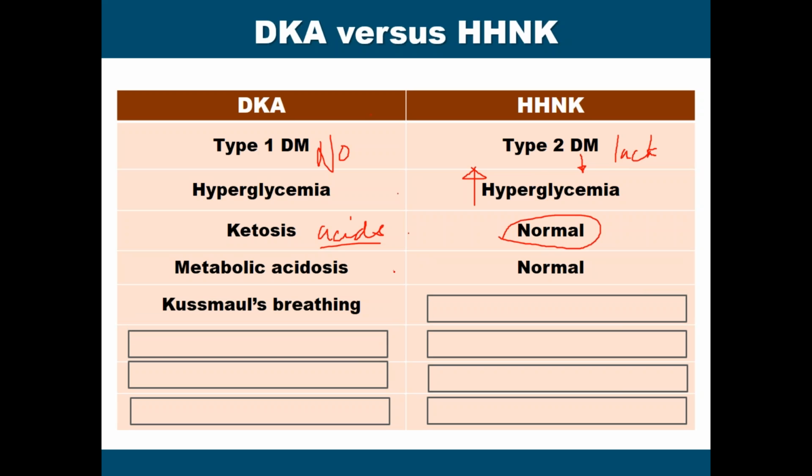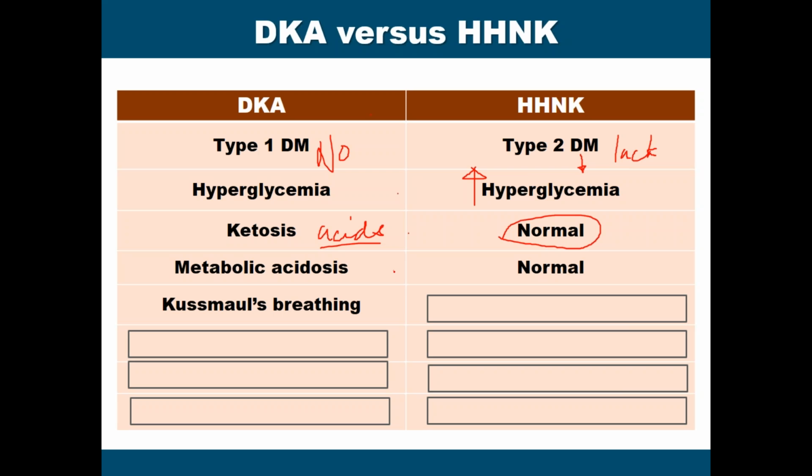In DKA, the patient will manifest Kussmaul's breathing, which is deep and labored breathing. The reason for Kussmaul's breathing in patients with DKA is to release the excessive acids in the body by exhaling carbon dioxide.